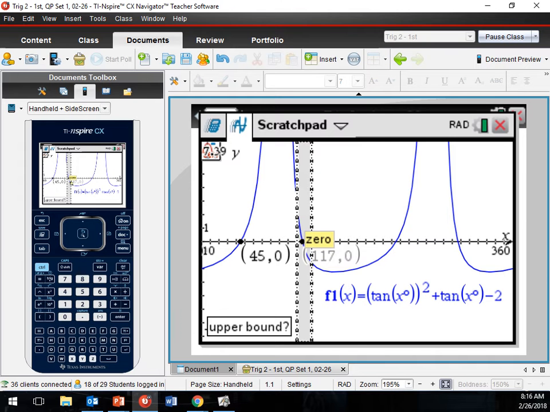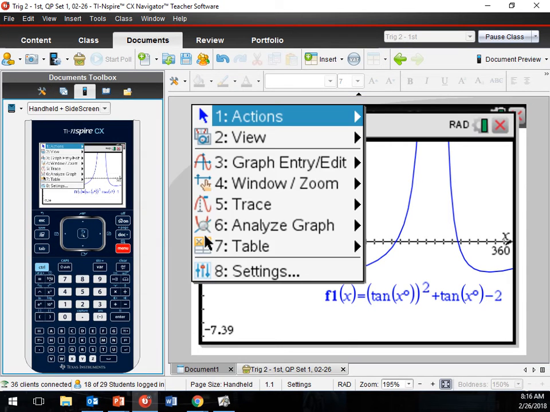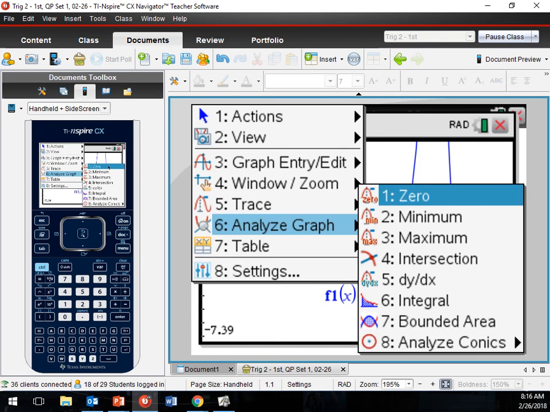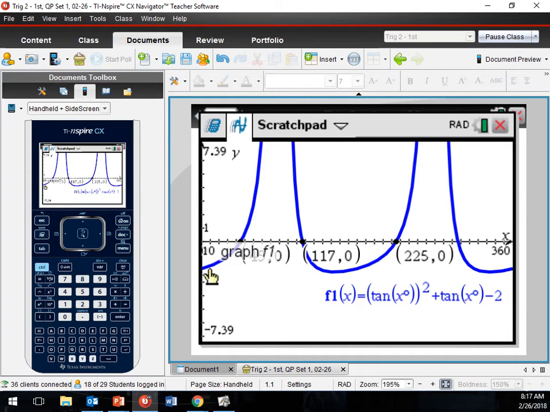Once you get to the other side of it, the number will automatically pop up. If you do menu 6, 1 with 2 points, it doesn't like that, so it only calculates one intersection in between. So it's messing up. You have to get a small window so you only have that one point.